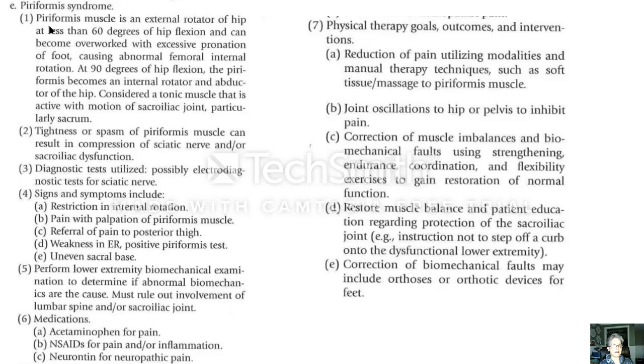So let's go over that again. The piriformis muscle is an external rotator of the hip at less than 60 degrees of hip flexion and can become overworked with excessive pronation of the foot, causing abnormal femoral internal rotation.